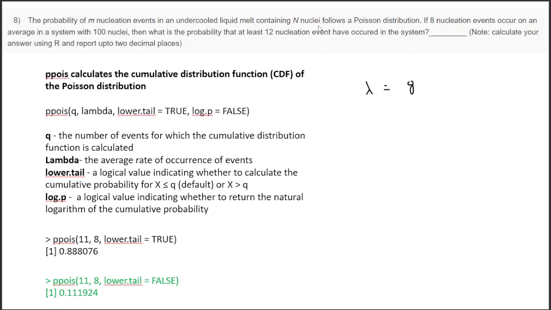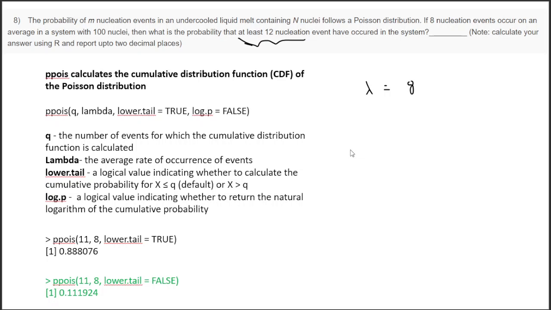And at least 12. If they had asked for exactly 12, then we could directly use dpois to find the exact probability. Here they have asked for at least 12, which can be 12 or more, up to 100 can occur.